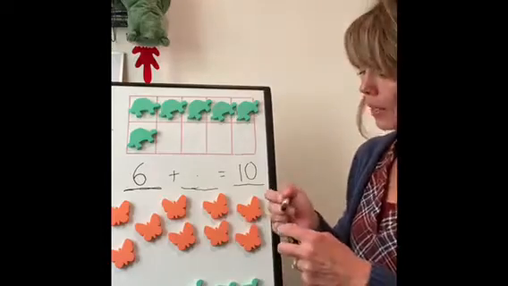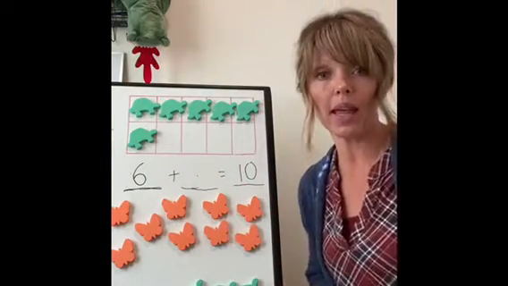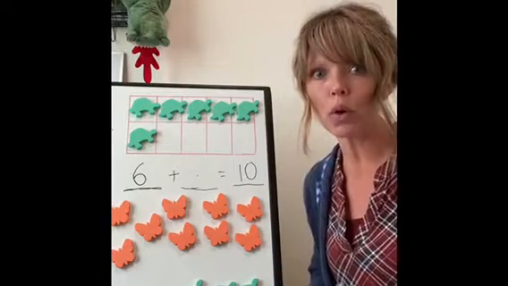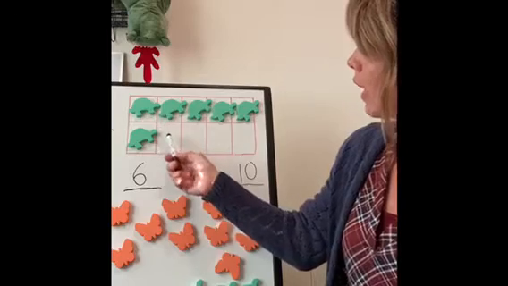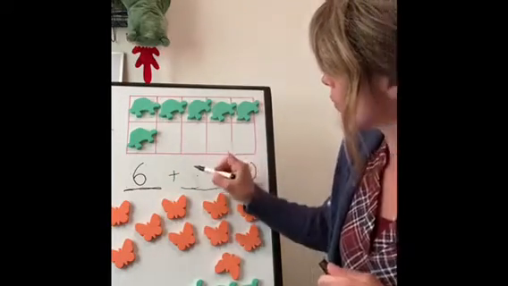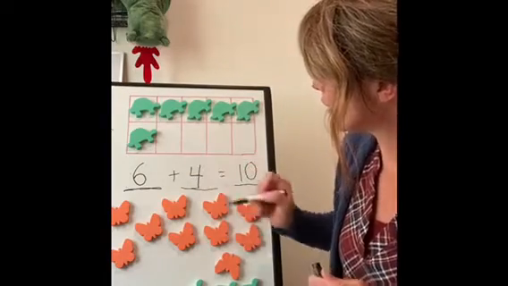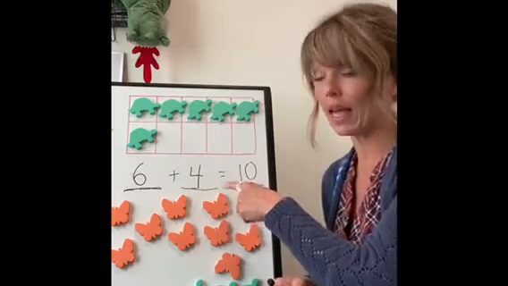And as I'm looking at my 10 frame, I can see that I have some open spaces. If I fill those up, it will equal 10. So how many more do I need to make 10? 6 and 1, 2, 3, 4 makes 10. So if I have 6 things, I would need 4 more to make 10. Let's try it.